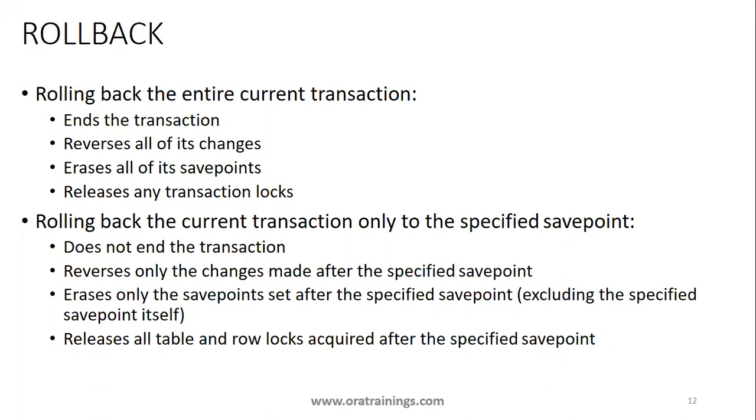Let us say you have save points A, B, C. When you roll back to save point C, the changes made after C will be rolled back, and everything up to C will be available. Similarly, when you roll back to B, the updates you have done after B will get lost, and the data between A and B will be sustained. So that is what rollback to a particular save point is all about.